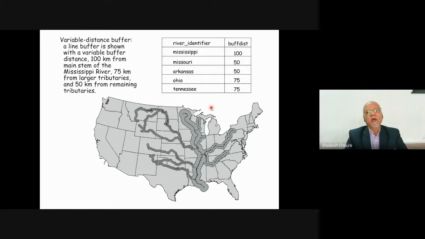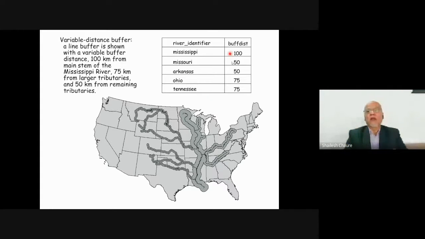Within the attribute table itself or the database itself, we can create a column along each road. In front of each road, we can create a column of the buffer distance. Whatever the buffer distance is there as an attribute value in that table, the software will pick up that value, and based on that, it will create the buffer.